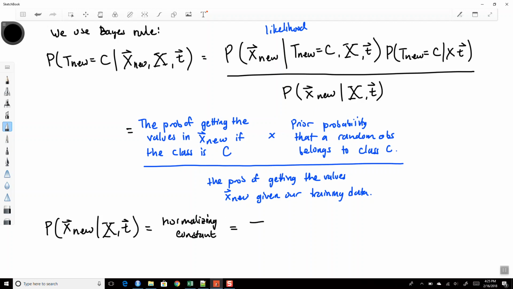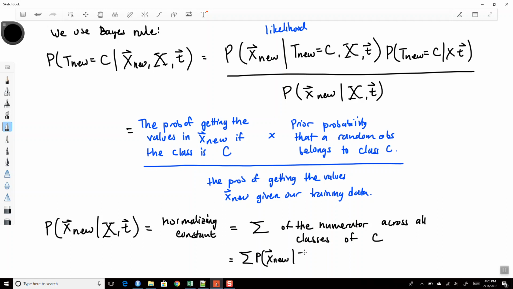So really this is just the sum of the numerator terms across all classes of C. We could say this is the sum of the probability of x new.